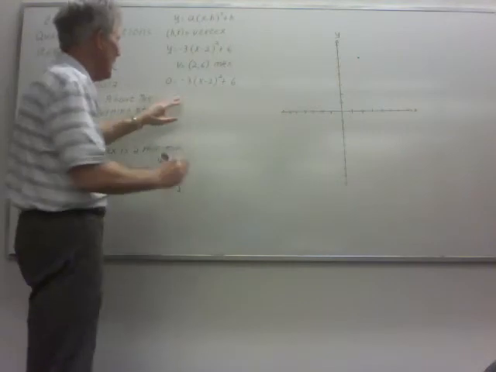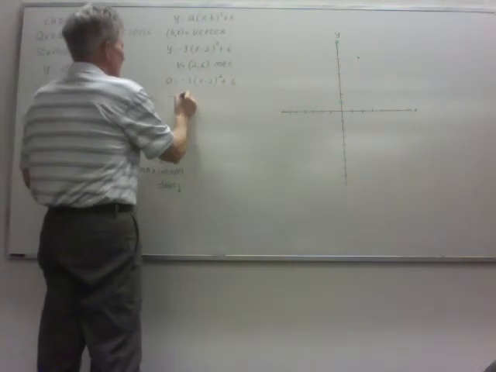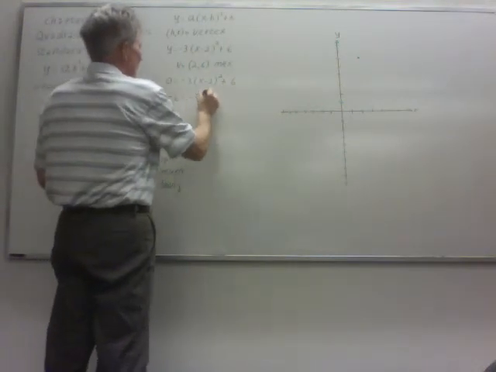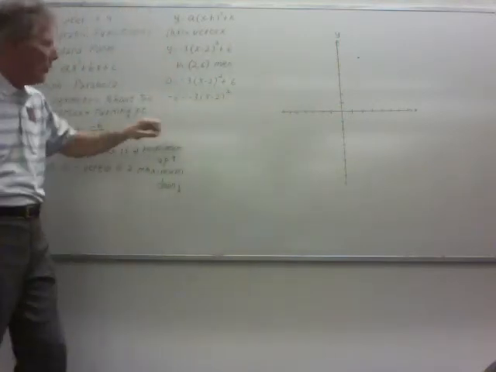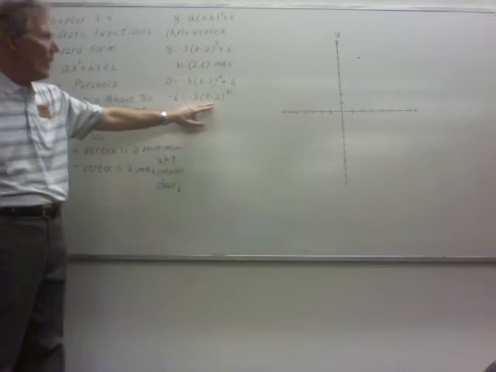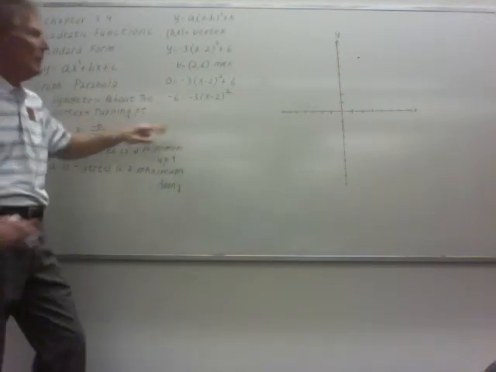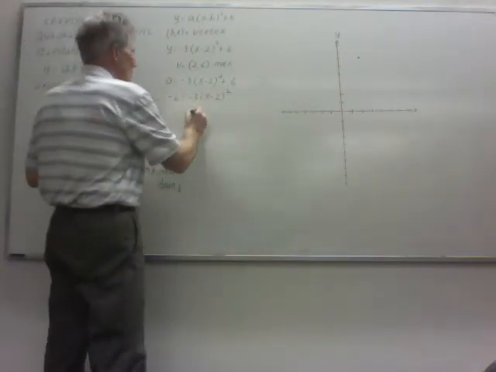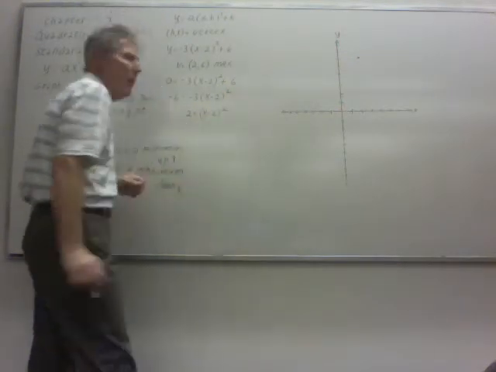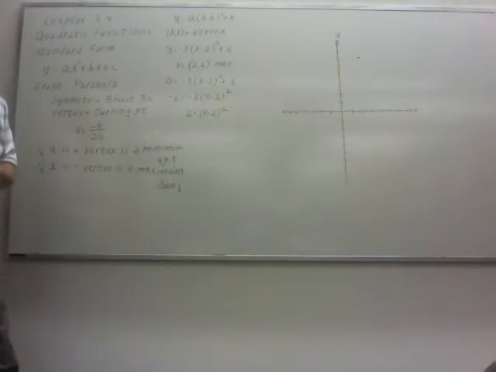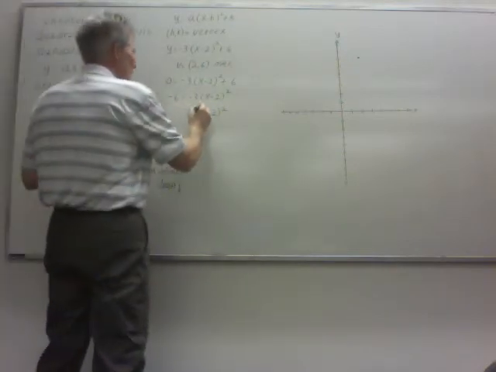I'm going to subtract 6. I get -6 equals -3 times the quantity x minus 2 squared. In order to isolate the term being squared, I'm going to divide by -3. So I get 2 is equal to the quantity x minus 2 squared. Now I'm going to use the square root method. I'm going to take the square root of both sides.